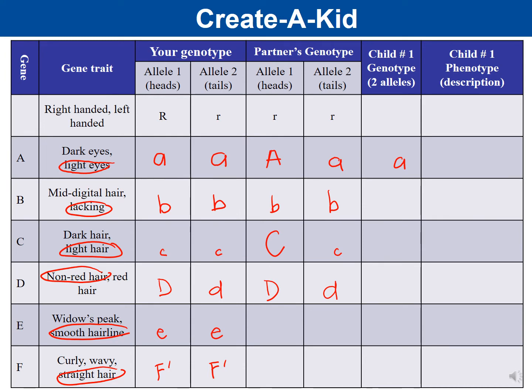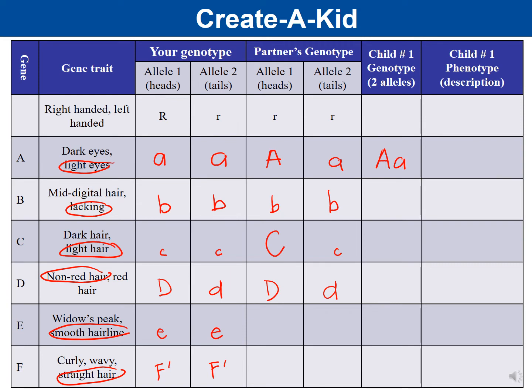But my partner is big A, little a, so my partner would flip a coin to see whether they give the big A or the little a. Let's say my partner flips heads. That means they're going to give their dominant allele. So the genotype of the child is that I gave the little a and my partner gave the big A. That's the genotype, the two genes that they have.